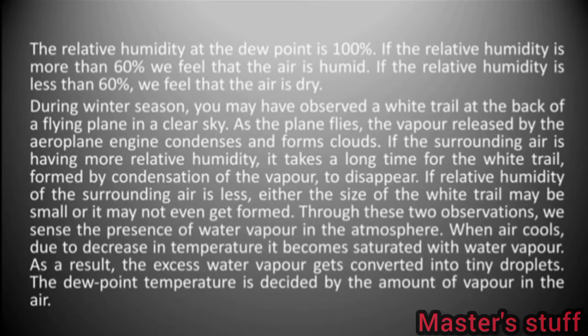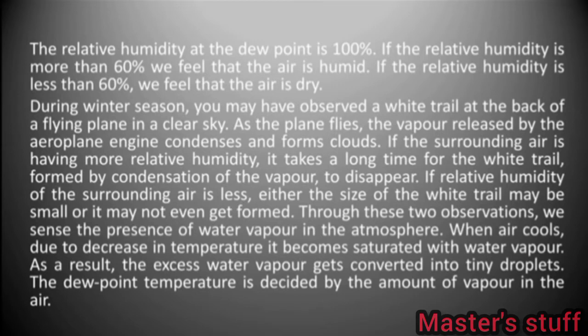If the surrounding air is having more relative humidity, it takes a long time for the white trail formed by condensation of the air vapor to disappear. If the relative humidity of the surrounding air is less, either the size of the white trail may be small or it may not even get formed.